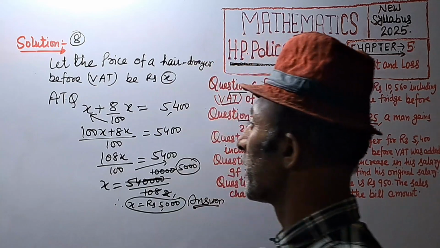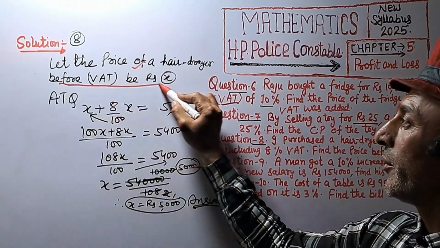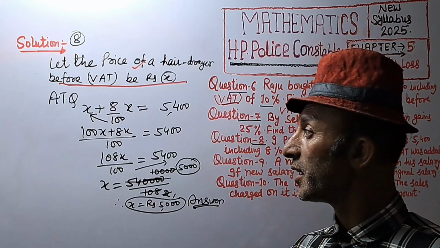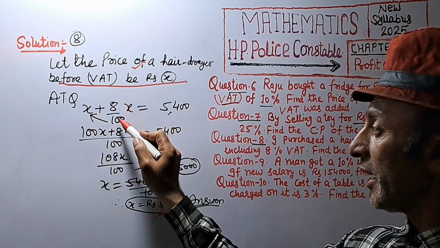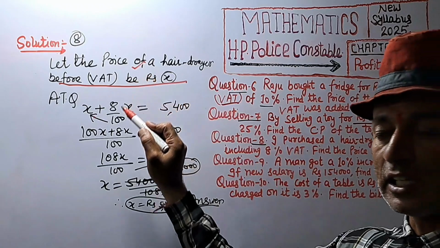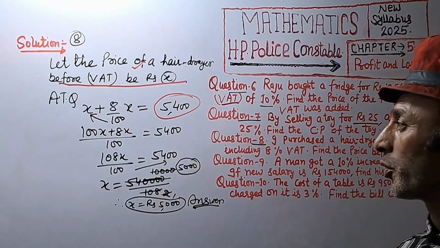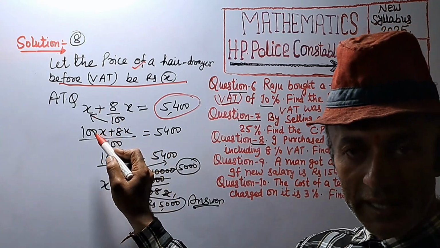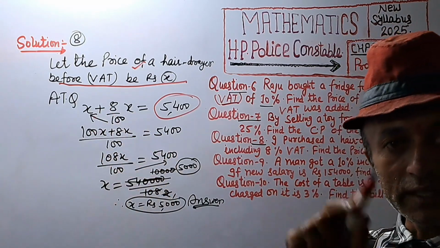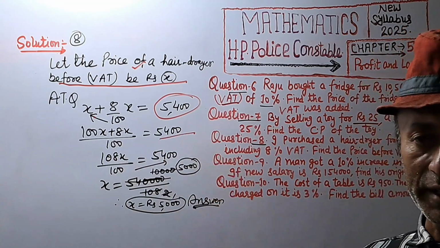Answer. Let the price of the hair dryer before value added tax be rupees X. And according to the question, including 8%, X plus 8% of X is equal to 5,400 rupees. 100 multiplied by X equal to 100x plus 8x, that is 108x divided by 100 equal to 5400.